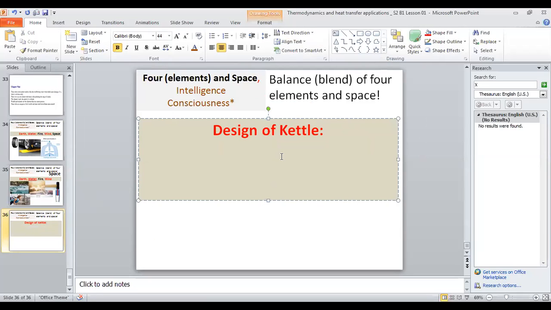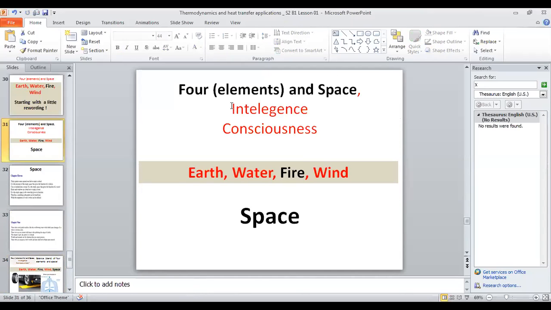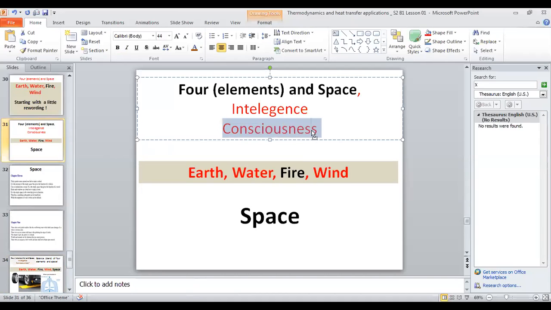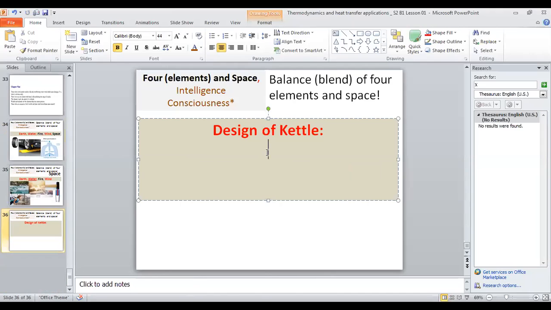You have started, triggering your mind to let the solutions come out, based on your intelligence, consciousness, and knowledge. So when you are designing this, your beginning is your consciousness.